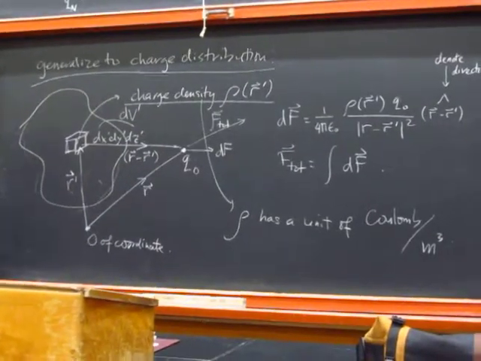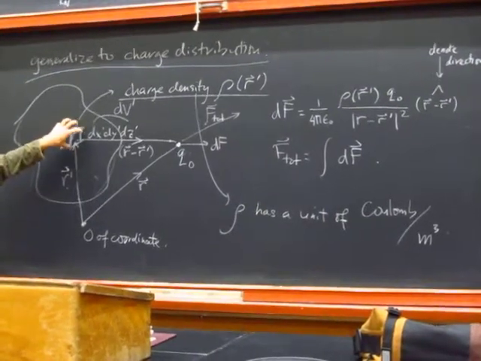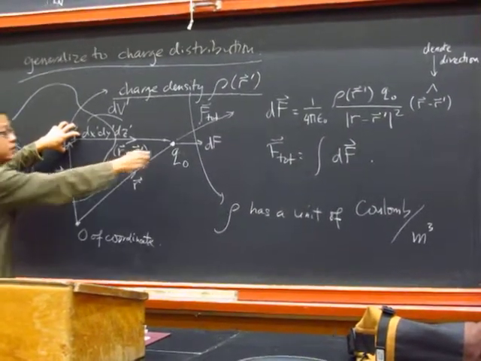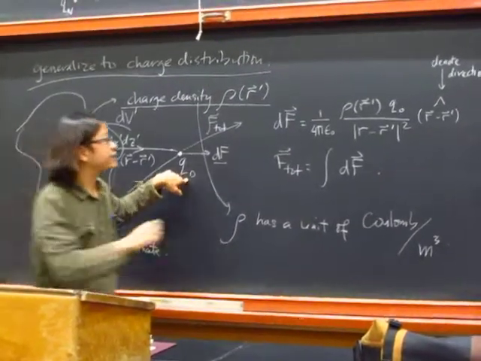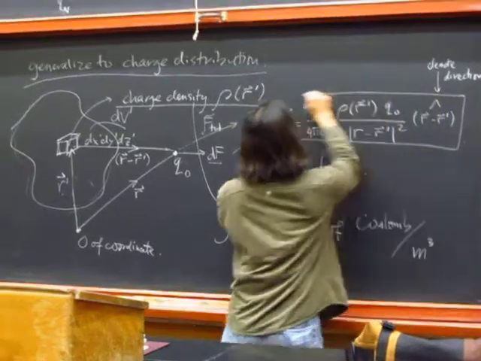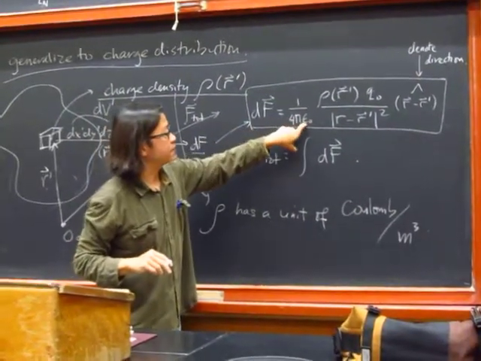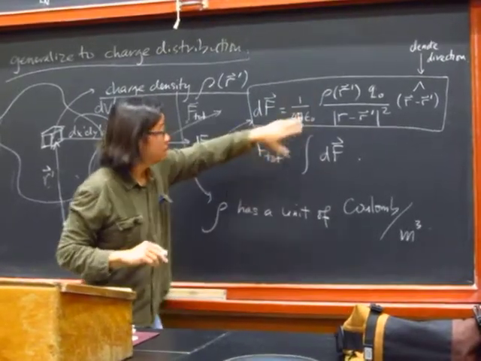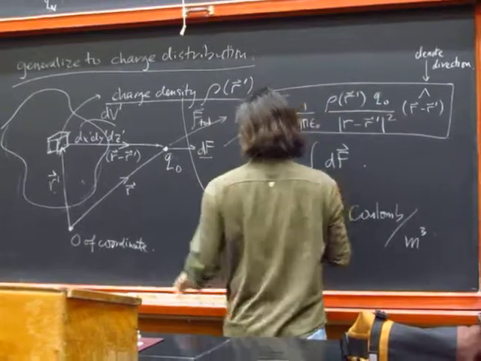Okay? And each differential volume element here contributes a differential force on Q0, right? And that's given by Coulomb's law, right? Okay, so dF is just 1 over 4 pi epsilon naught, which is the constant, times the density. Oh, I forgot something here, right?